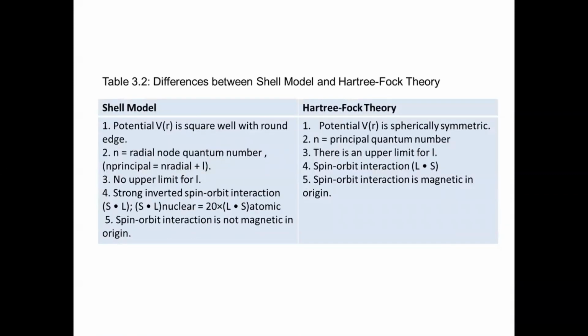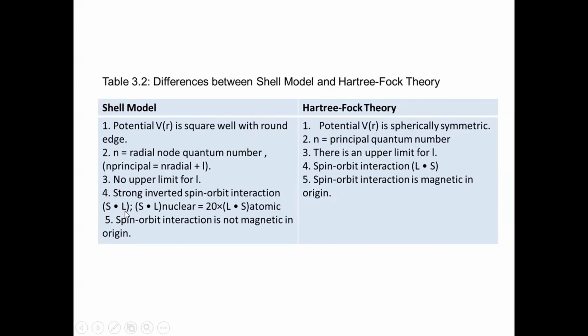The differences between the shell model and the Hartree-Fock theory are the following. The potential V(r) is a square well with rounded edges in the shell model for the nucleus. The N, the radial node quantum number, or the principal quantum number, is N radial plus L, and there is no upper limit for L. The strong inverted spin-orbit interaction is there.